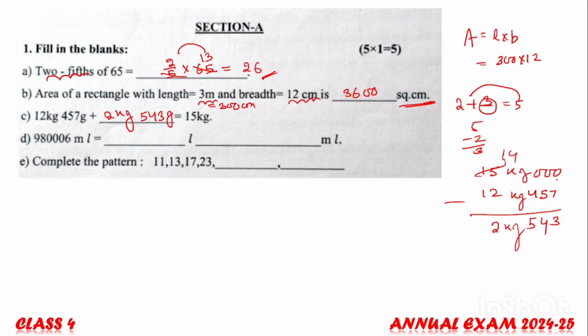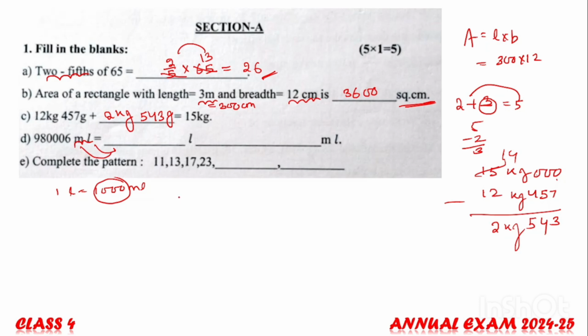Next question. 98006 milliliter equal to dash liter dash milliliter. If the milliliter is given and you convert into liter, 1 liter is equal to 1000 milliliter, so we divide by 1000 because we go small to big.